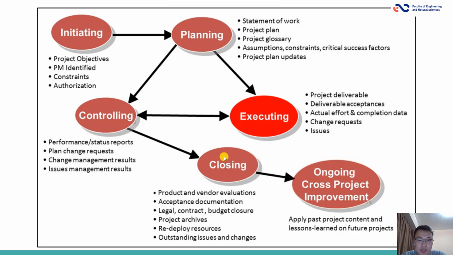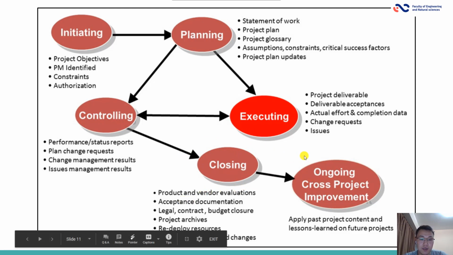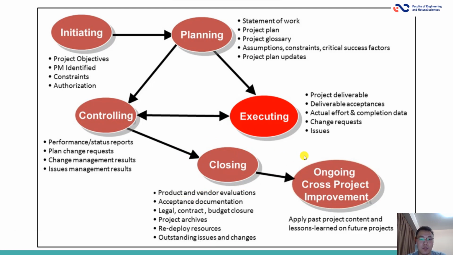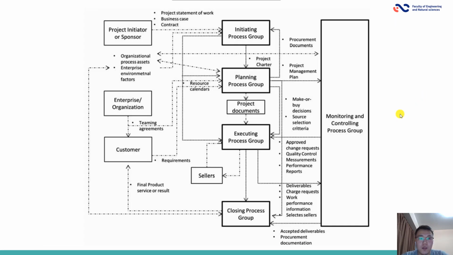After all this, it comes for closing, and in closing we see we met requirements like product and vendor evaluations, acceptance, documentations, legal contract, budget, project archives, redeploy resources, and so on. Here in detail it's explained, it's workflow of all these 5 categories and how it's going on, how it will be flowed.